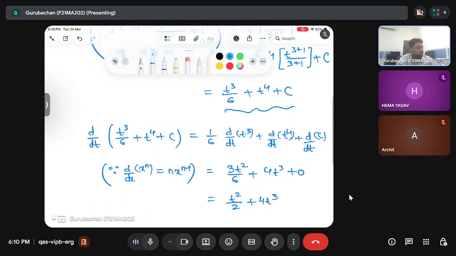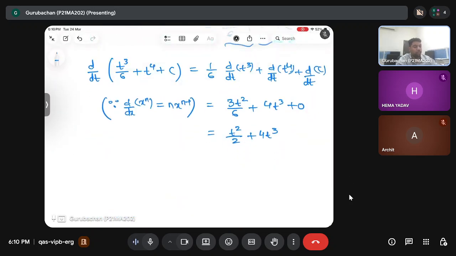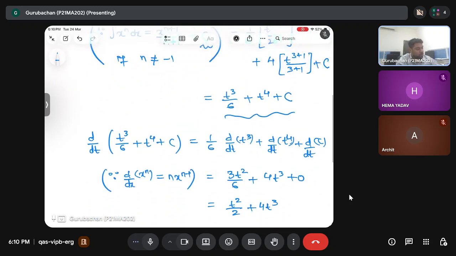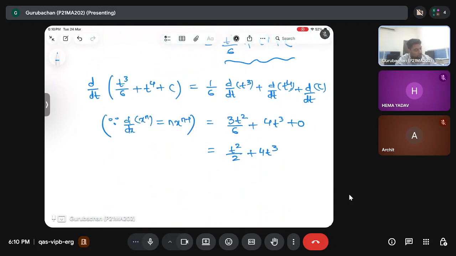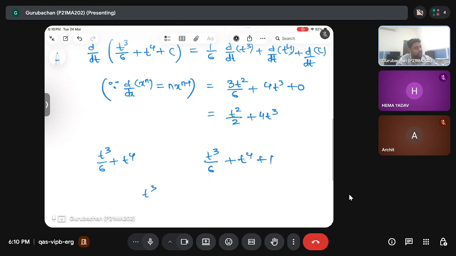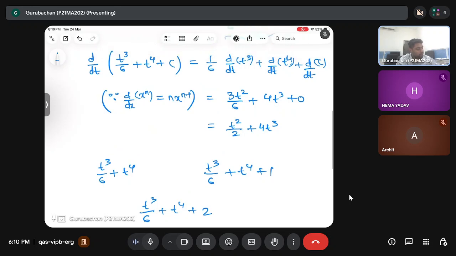Now what is the role of this constant c? Suppose you do not put any c and simply write t cube by 6 plus t to the power 4. Then that can also be the integration, and there are other possibilities too. You can check that whenever you differentiate any of these three, you will get the same answer.